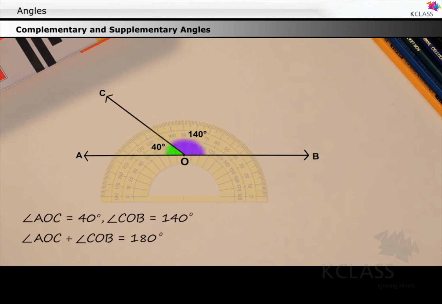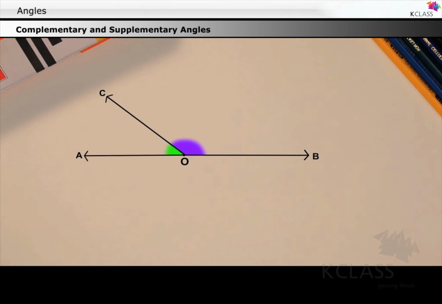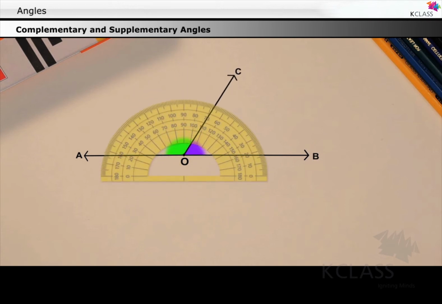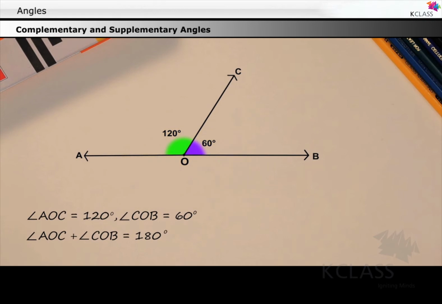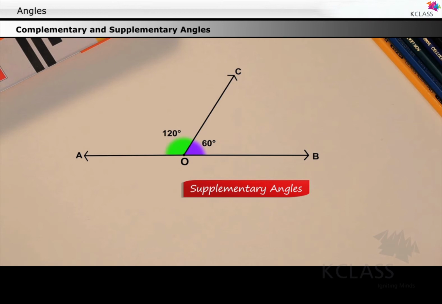Measures of AOC and COB total to 180 degrees again. And yet again 180 degrees. Two angles are said to be supplementary if the sum of their measures is equal to 180 degrees. Angle AOC and COB are supplementary angles.